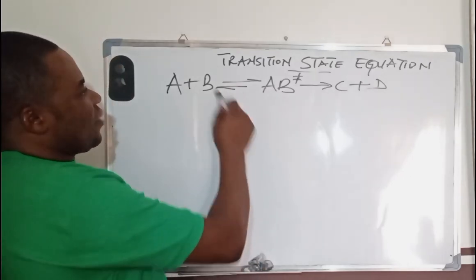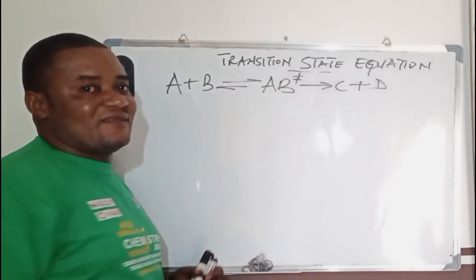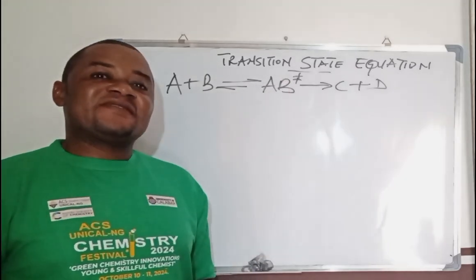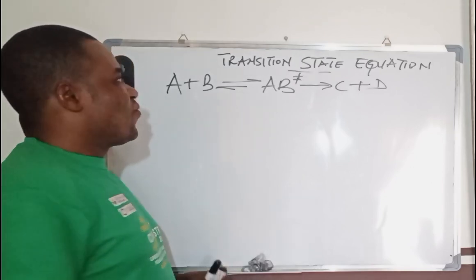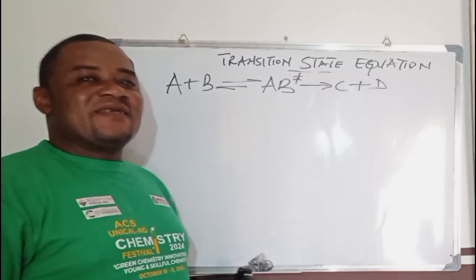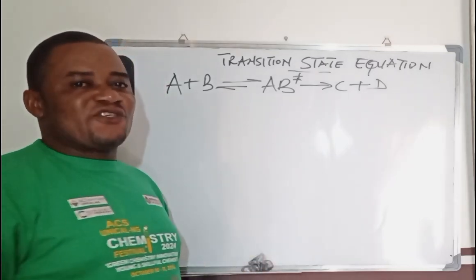And this is a quasi-equilibrium, while this is the transition state where you have an intermediate product that is formed mainly to overcome the highest energy level state in that particular reaction.